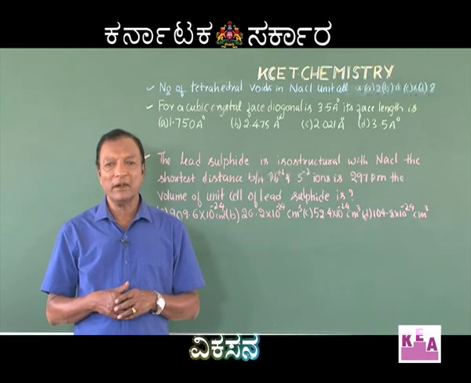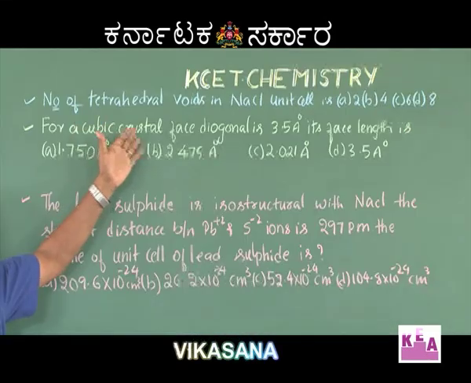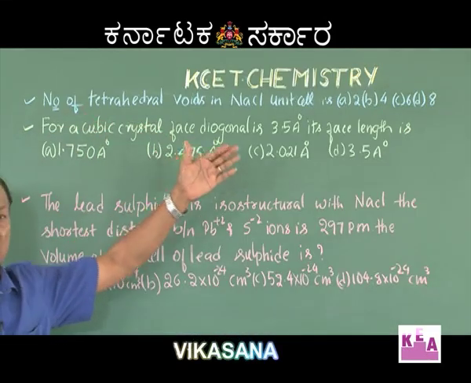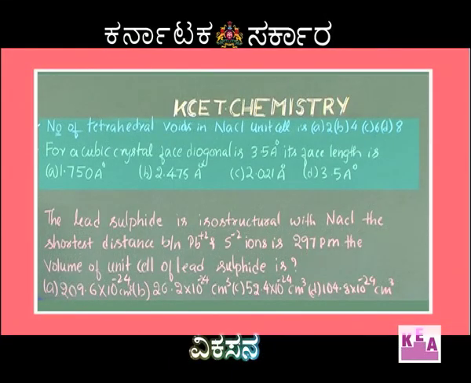So friends, we have some more questions. The first of them is the number of tetrahedral voids in the sodium chloride unit cell. So what is meant by the void?